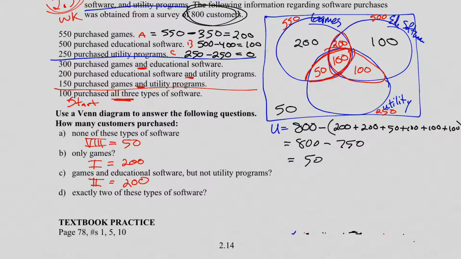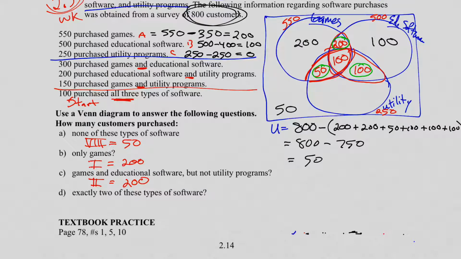Now the last question is exactly 2 of these types of software. So exactly 2 would be, not 3, not 1, but 2. Okay, exactly 2 of these. So we're talking about that 200, that 100, and those 50.